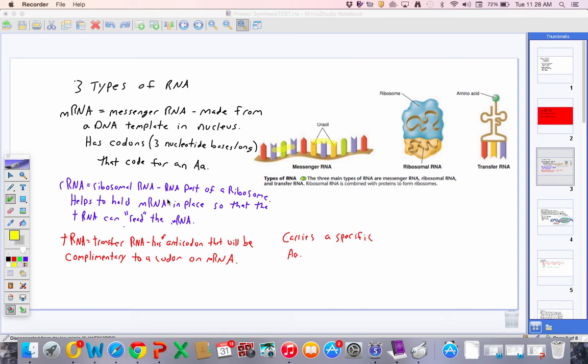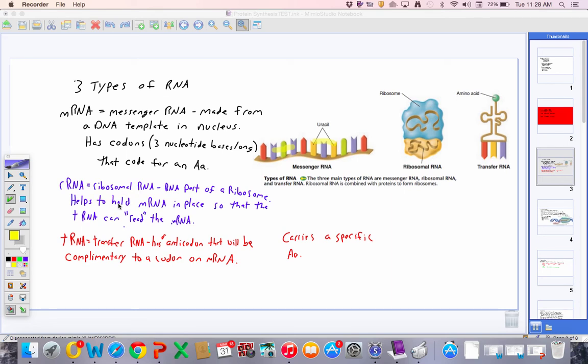Then there's rRNA, which is ribosomal RNA. That's the RNA that's part of the ribosome. Remember way back when we were talking about cell organelles, we talked about ribosomes had two subunits. One of those subunits is the RNA part, and the other part is protein.